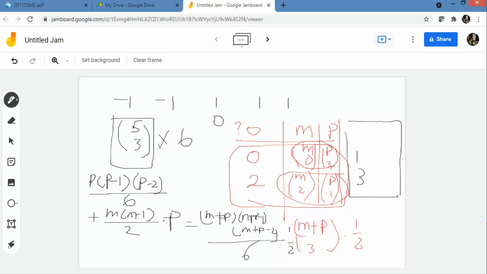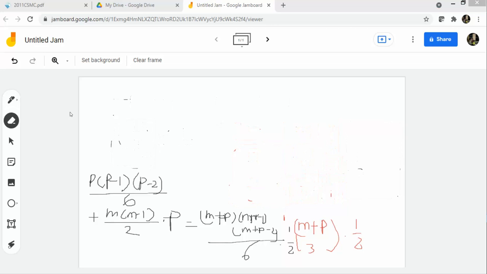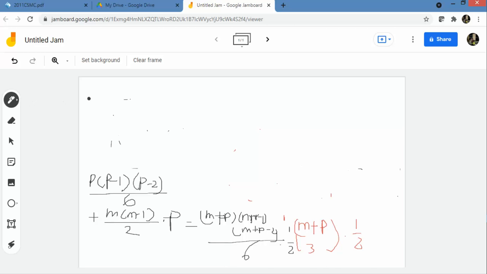What we do here is, for p here, this one we have to times this by 12, right? So this one will be 2. Then p times this is 3a, so it's p triple minus 3p squared and plus 2p, right?